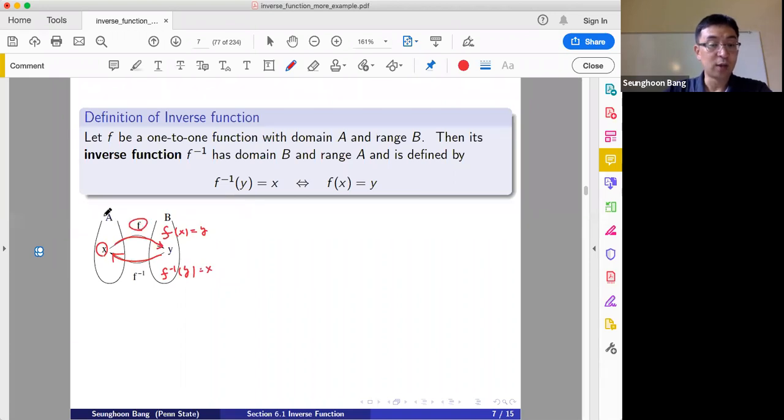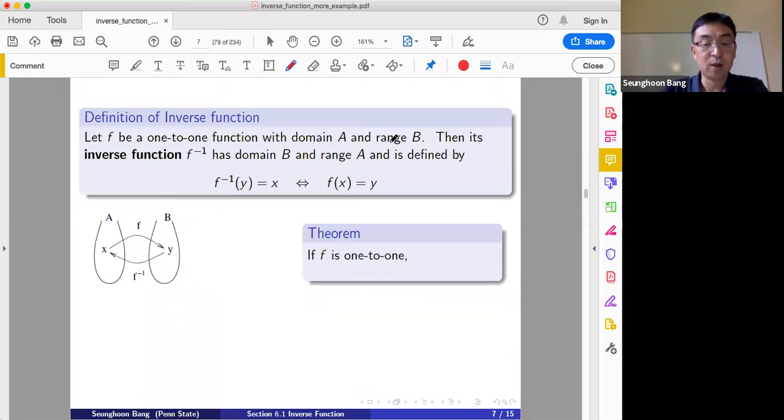So A is the domain and B is the range, and for the inverse function it is the opposite. We only interchange the roles of domain and range, the input and the output. The input goes to output, and output goes to input. This is exactly the definition of inverse function.